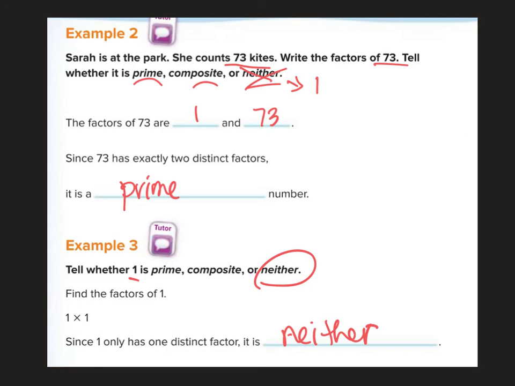I Googled it, 0 is also neither. So there are 2 numbers that are neither, 0 and 1. Because 0 has an infinite number of factors, since anything you multiply by 0 is going to be 0. I guess that's why it's neither.